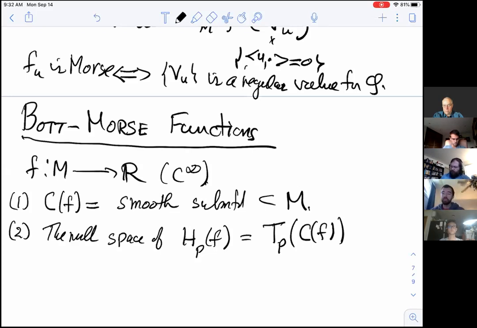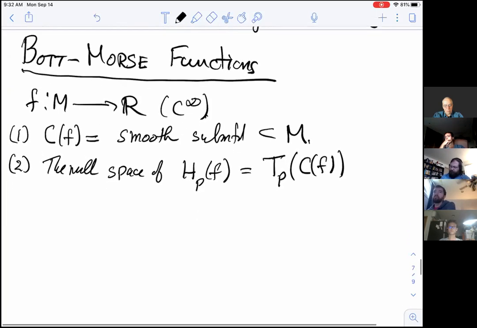Now these functions appear in geometric contexts when there's a group of symmetries. You have a manifold with some symmetries, and the most natural functions to study are then maybe the functions invariant under those symmetries. All you can hope for is that you'll get Bott Morse functions rather than Morse functions, because the critical set will be invariant under the group action.